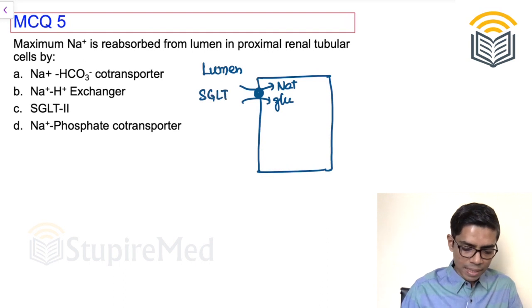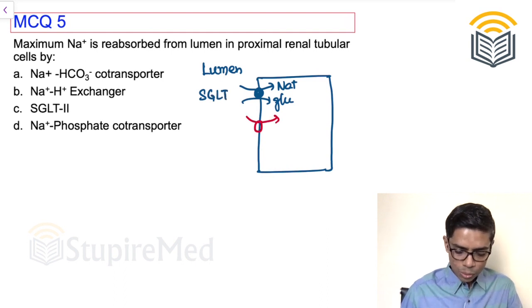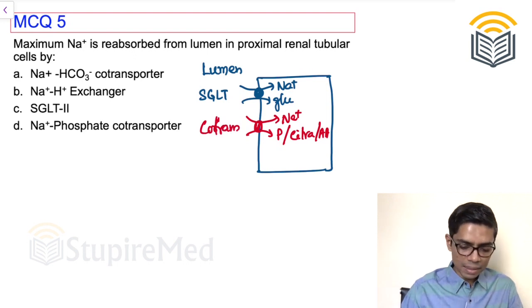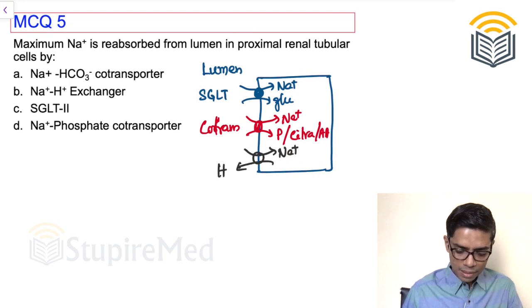SGLT. The second group of transporter is where sodium is reabsorbed along with phosphate, citrate, amino acid, etc. So these are also various co-transporter systems, right? And the third group is where sodium is reabsorbed along with H plus secretion.